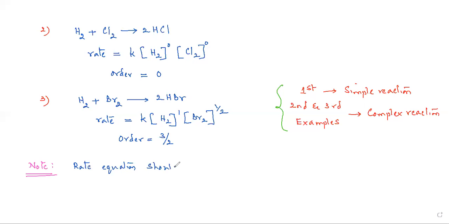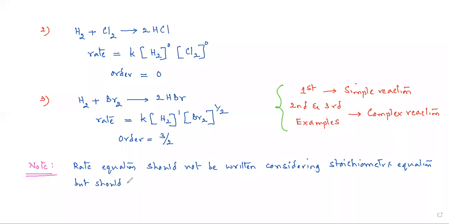Rate equation should not be written, very important, considering the stoichiometric equation, but should be written by conducting experiments.